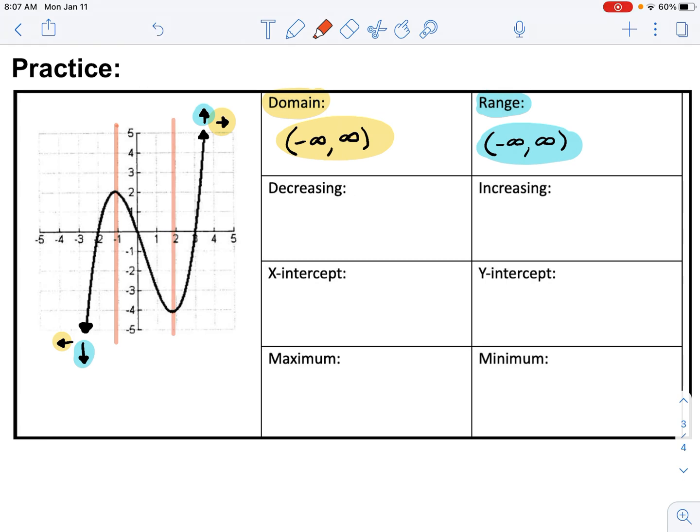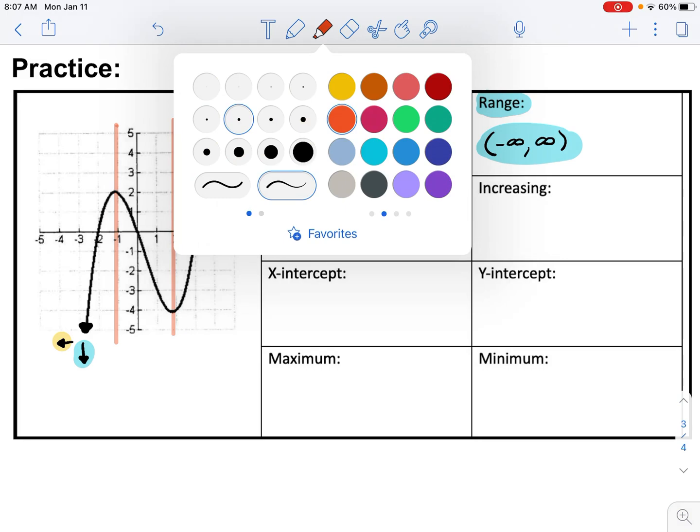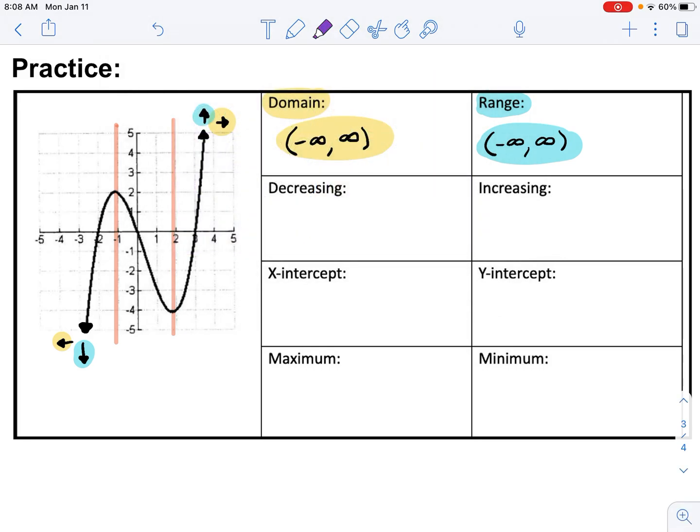Okay, so when I talk about decreasing, it decreases from here to here. So decreasing, and we talk about this in terms of our domain or x values, it's decreasing from -1 until 2. So my smallest is -1 and my largest is +2.